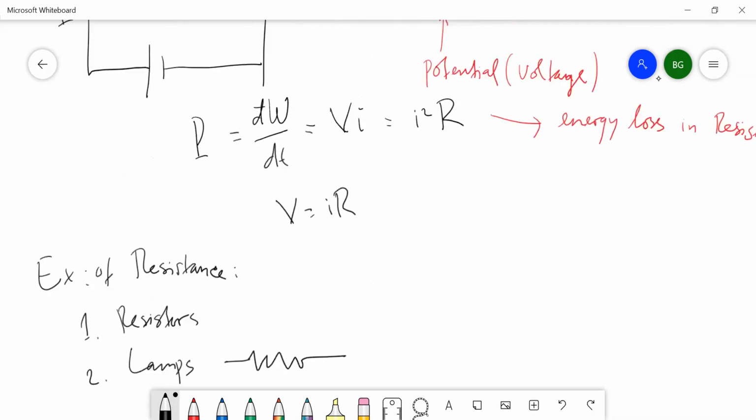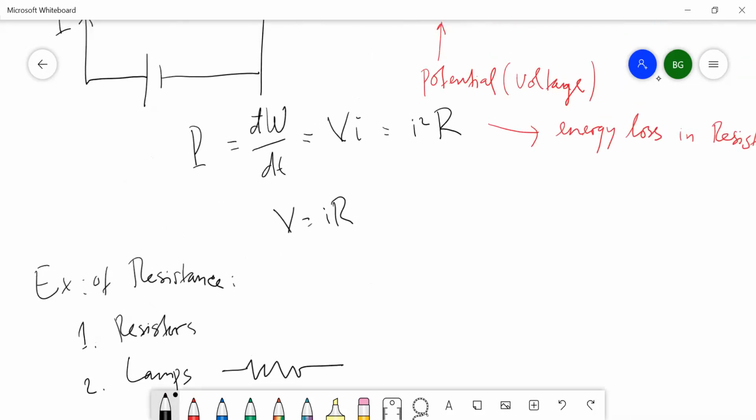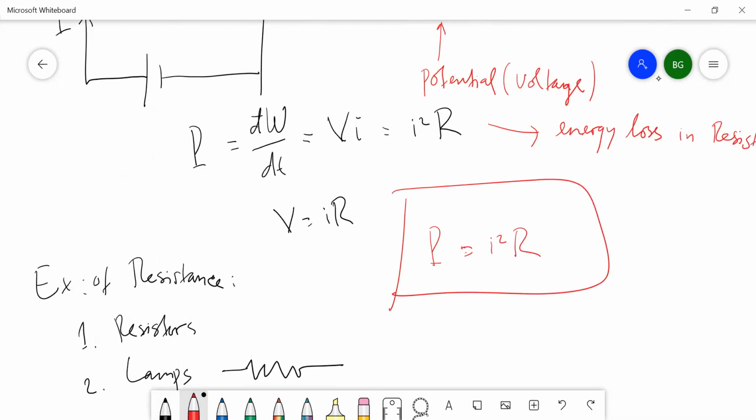What does this energy loss, P equals I squared R, mean?